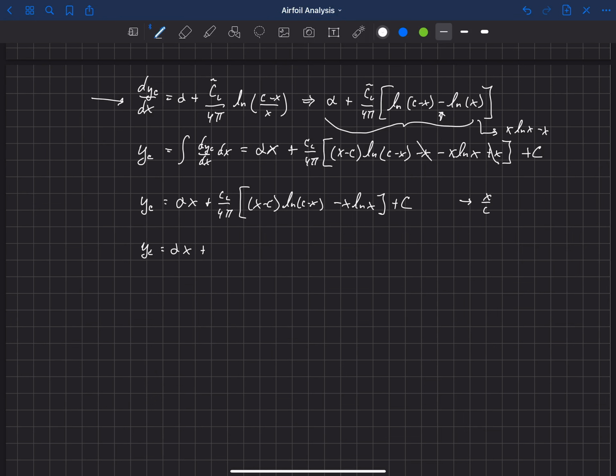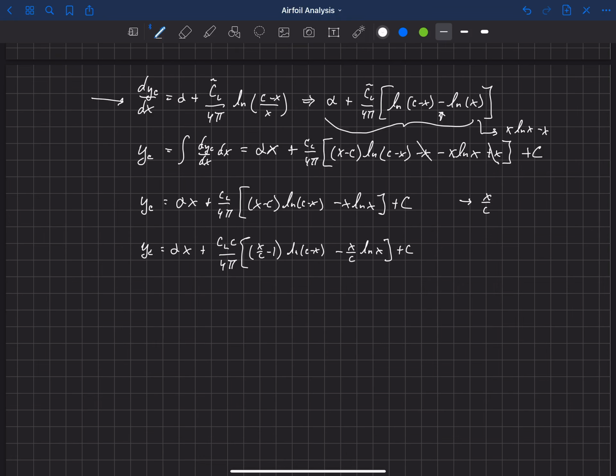And so I'm just going to pull a c out front. So we're going to have CL times c over 4 pi. And that will give us x over c minus 1 times the natural log of c minus x minus x over c times the natural log of x. Okay, so I just pulled a c out front there.